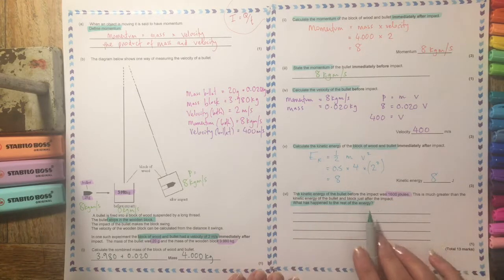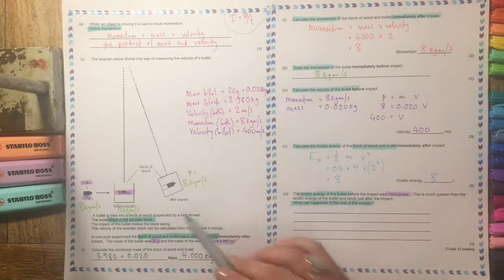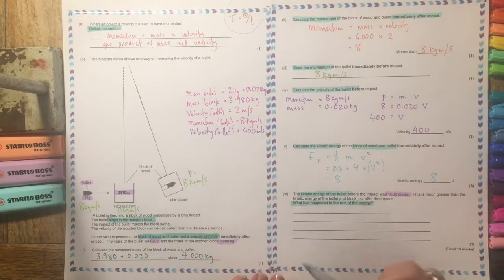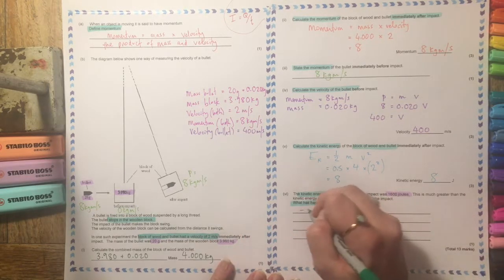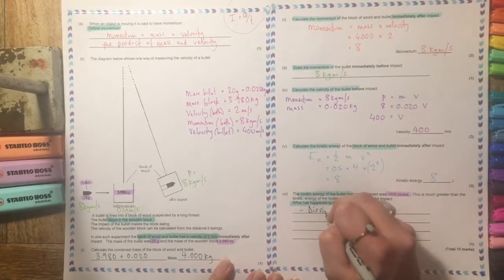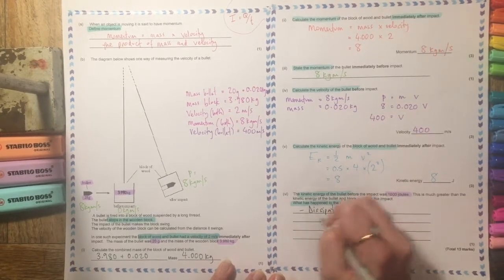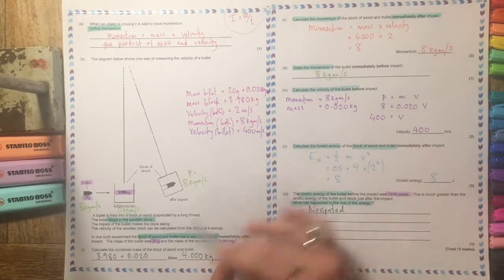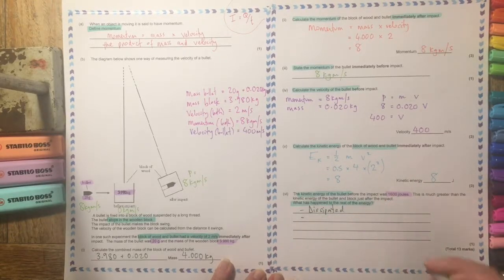So what has happened to the rest of the energy? Well, not all of it has gone to moving the block. Some of it will be transferred to other stores. So you could say that it is dissipated. That's a good keyword that they like you to use when you're talking about these energy transfers.